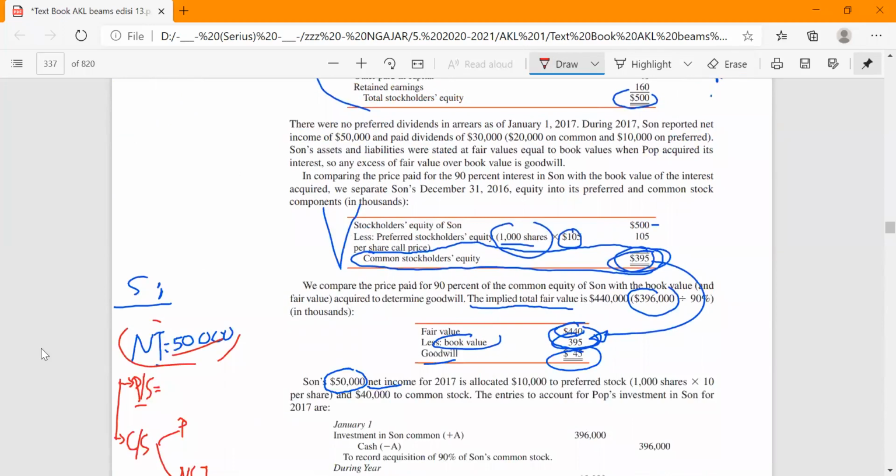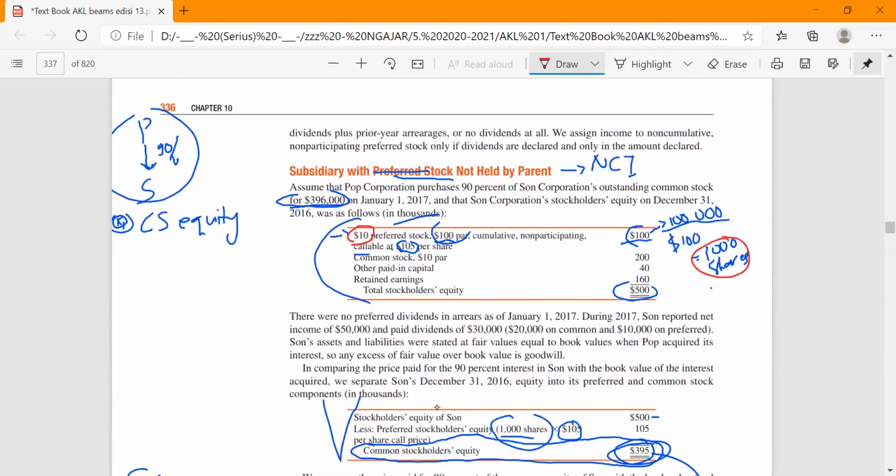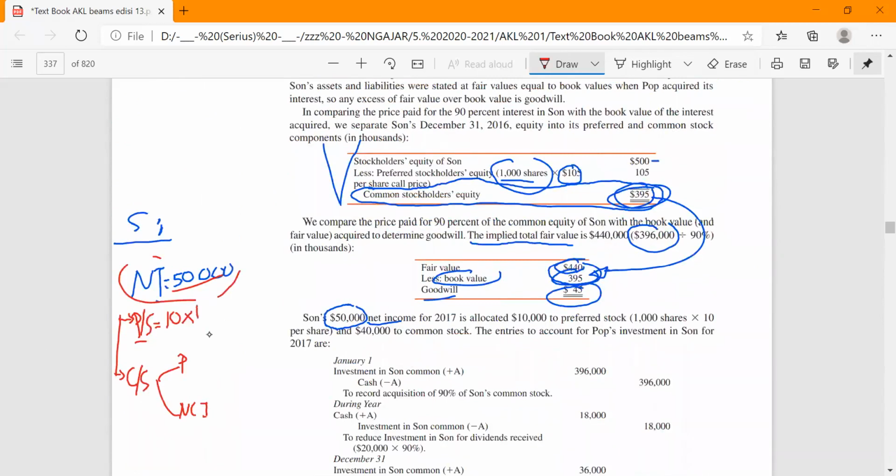So $10 times 1,000 shares, which is $10,000. So this one minus this one is allocated to the common stockholders, 40,000. Okay.